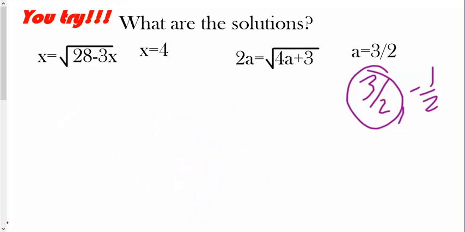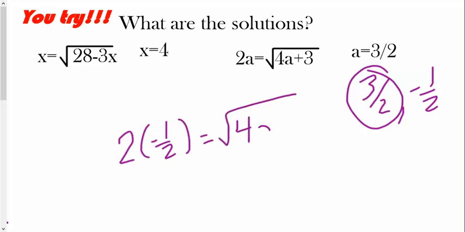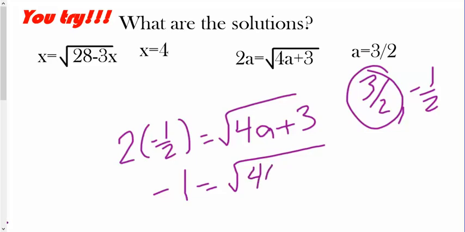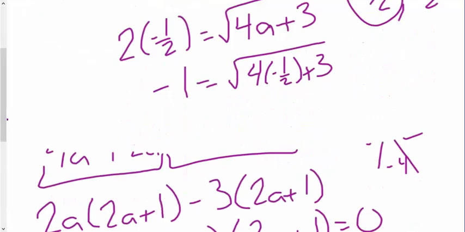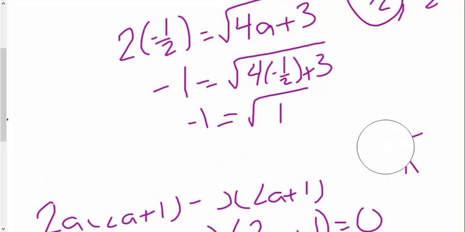The other one would be 2 times negative 1 half equals the square root of 4a plus 3, or negative 1 equals the square root of 4 times negative 1 half plus 3, which is saying the square root of 1 is equal to negative 1, which we know is not a solution.